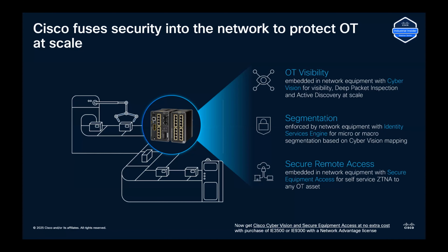So we built an application that runs within the switch called CyberVision, and CyberVision looks at all of the traffic coming to the switch and is able to do deep packet inspection to determine what those connected assets are and what their vulnerabilities are, and then gives you the ability to formulate policies for segmentation.